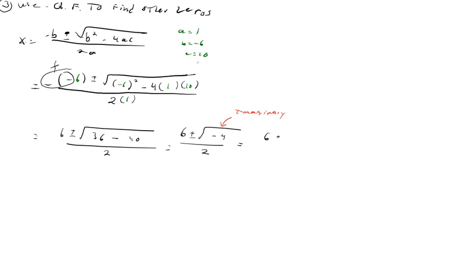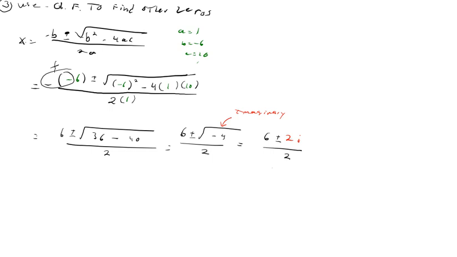Even before that, let me simplify this even more. I can do a division. I can take this 6 divided by 2 and 2 divided by 2. I divide both of these by the 2 here. 6 divided by 2 is 3. 2 divided by 2 is 1.